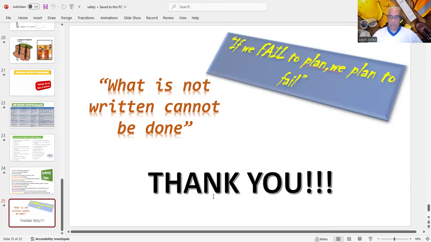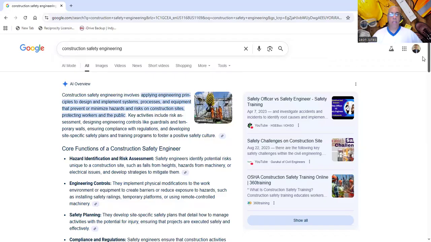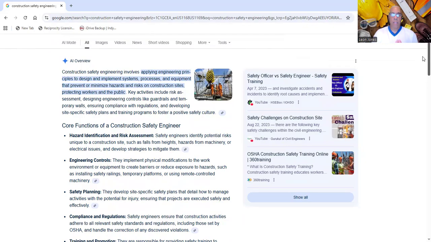Now, as a review, as I share my screen, when we talk about safety engineering, it involves applying engineering principles to design and implement systems, processes, and equipment that will prevent or minimize hazards and risk on construction sites, protecting workers and the public.